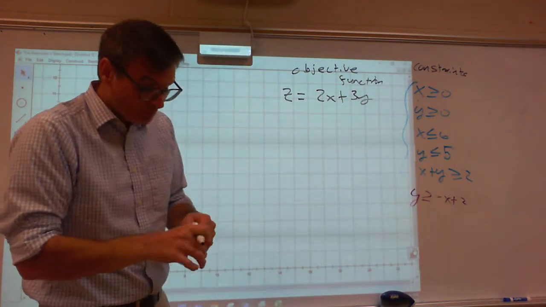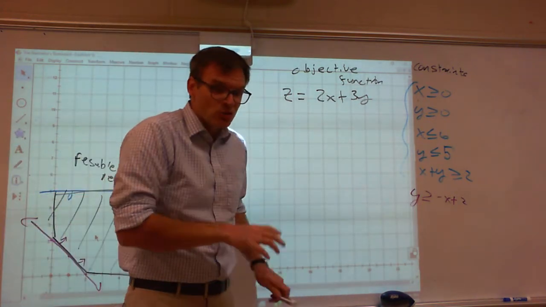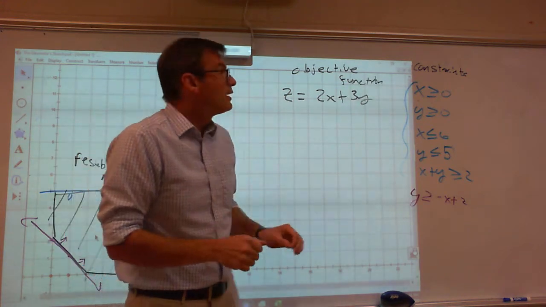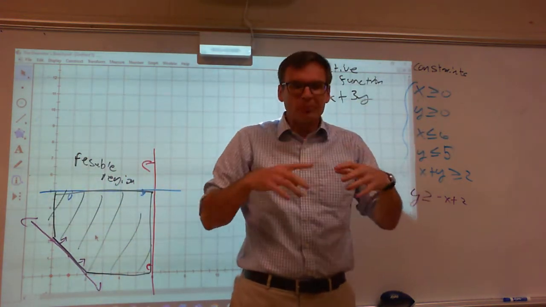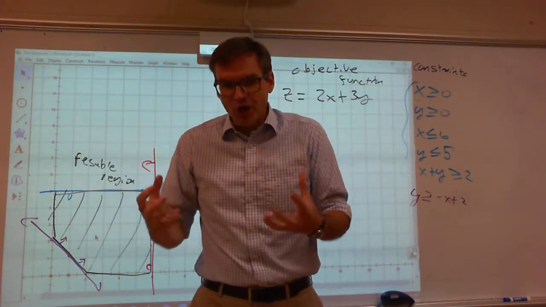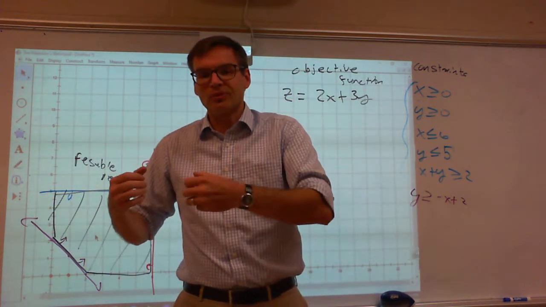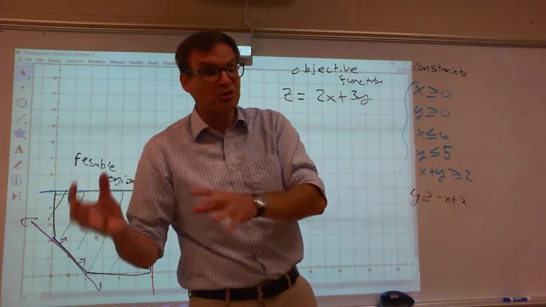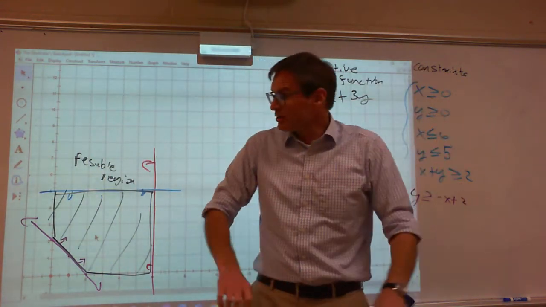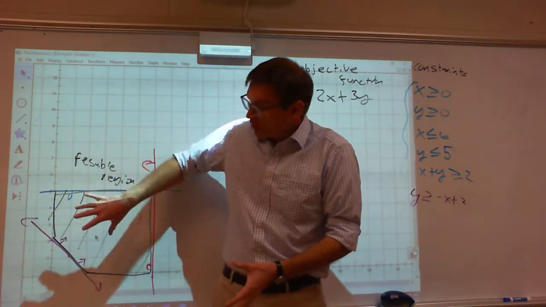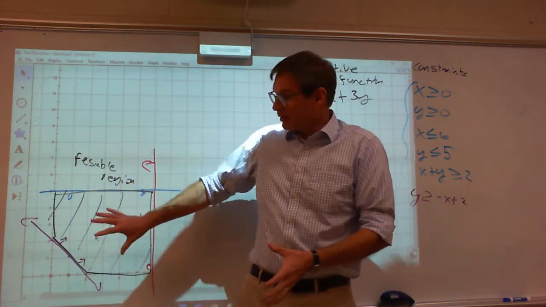Okay, now, math people are not super creative when they come up with things. They're called constraints because they're restrictions, okay? And when we start looking at a word problem, I'll talk about what restrictions are, and then we'll say, here's our restrictions, and our restrictions are going to come up with these inequalities. These inequalities are going to create a picture that gives us our feasible region, right?